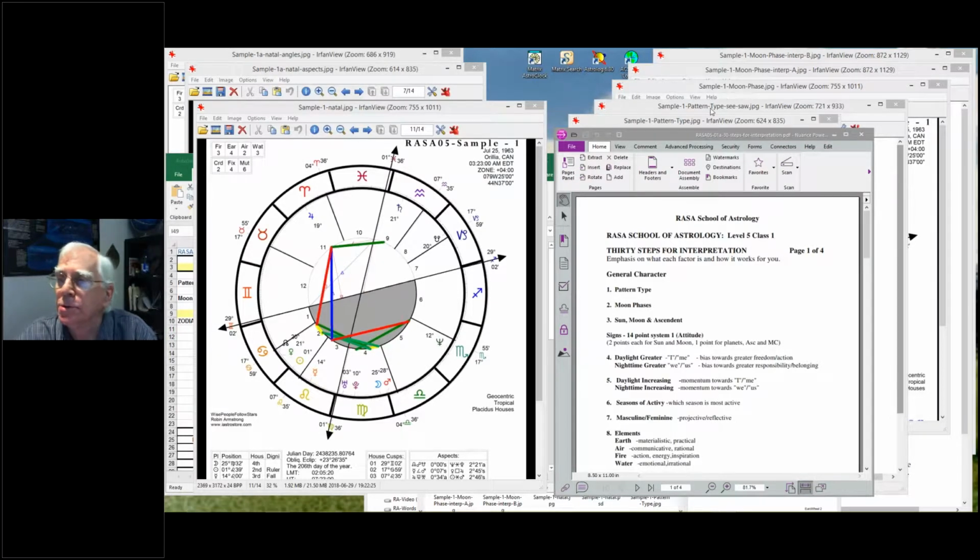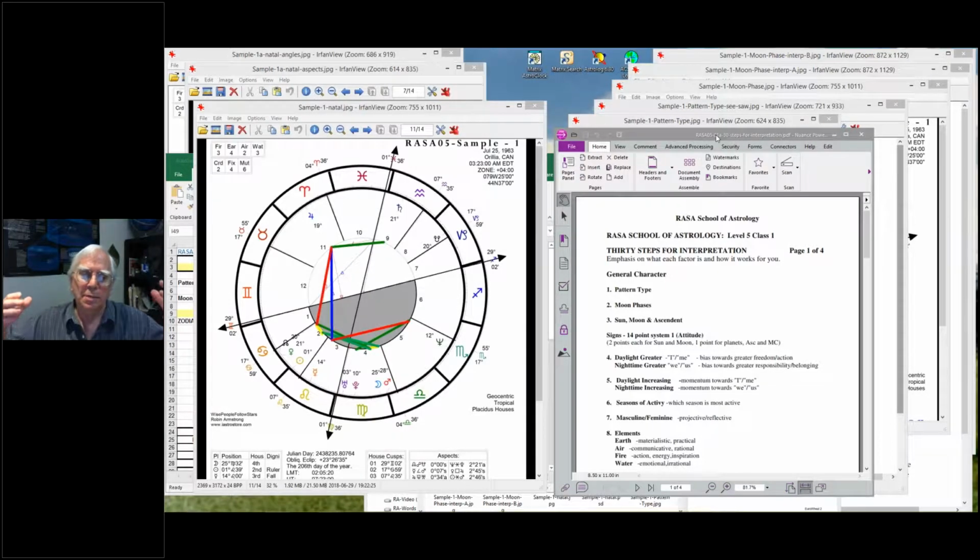Okay, so all of our classes are going to be pretty much the same structure. We're just going to do a chart, and we have to go through each of the stages of the chart. And really, when you're trying to interpret a chart, you're not trying to define a person. You're trying to tune into the different areas of the psyche of the person, and you want to have done a thorough job.